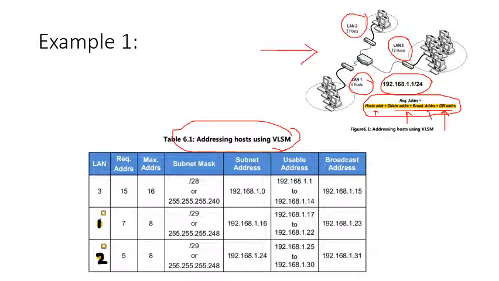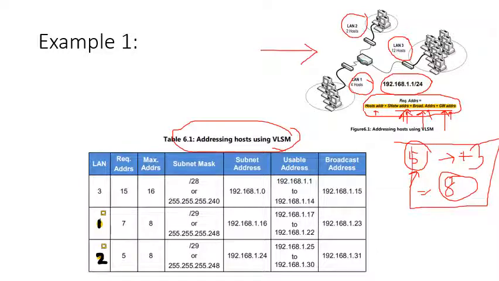For example, if the network requires 5 addresses, don't forget to add 3 more for the network address, broadcast, and gateway address. So in total, the required address is 8, and this is the minimum for a network which contains 5 hosts.